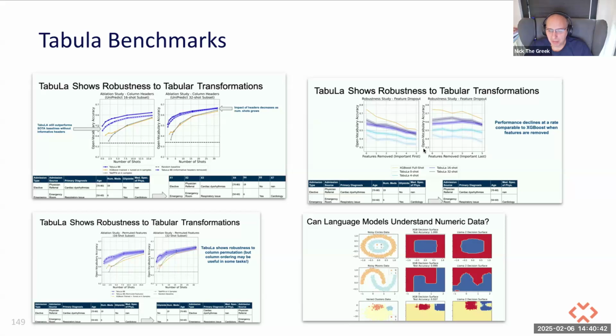But what was really interesting is people were curious to see what the language model learns, and they realized that the decision boundaries in these toy examples are not very different from what XGBoost learns. They pretty much learn the same shape, which I find very interesting.